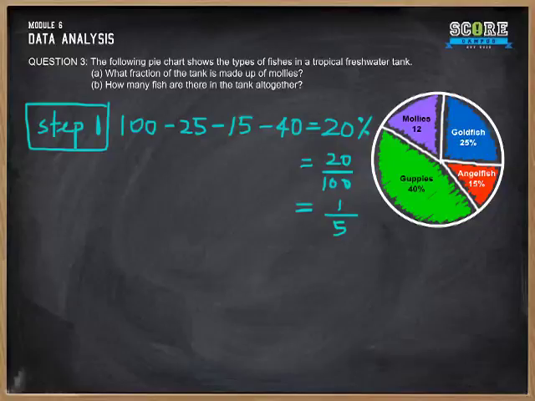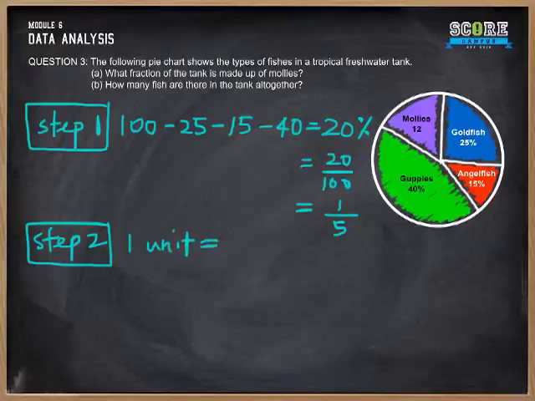Okay, moving on to step 2. Since we now know that 12 mollies make up 1/5 of the fish in the tank, we can find the total number of fish. Okay, step 2. 1/5 of the tank is made up of mollies. So 1/5 is equals to 12. So 1 unit is equals to 12 fishes.